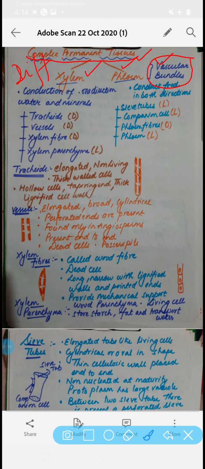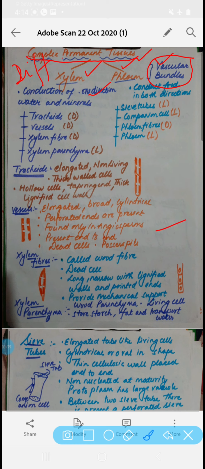What is the function of xylem? What are the types of cells which form the xylem, and what are the structures of the cells which form the xylem? So the first one is the function of xylem. Xylem helps in the conduction of water and minerals.